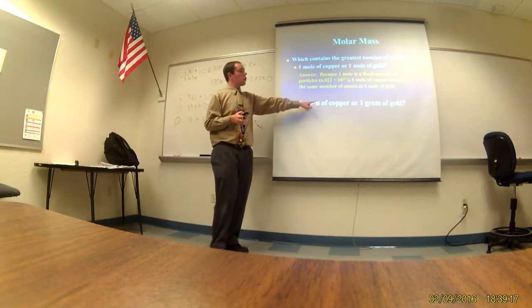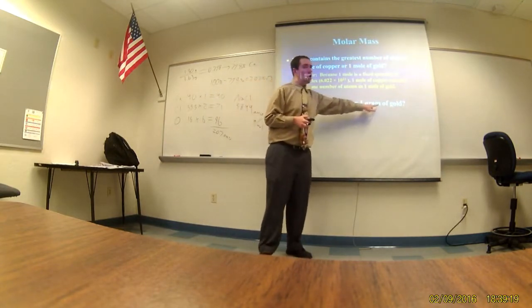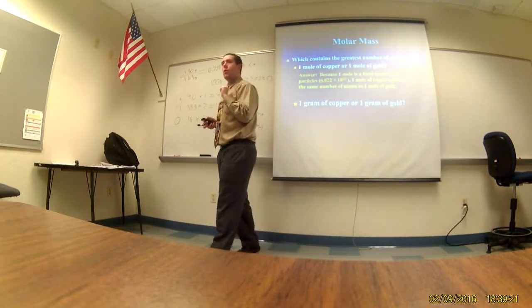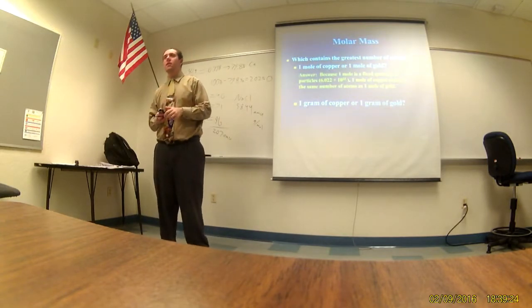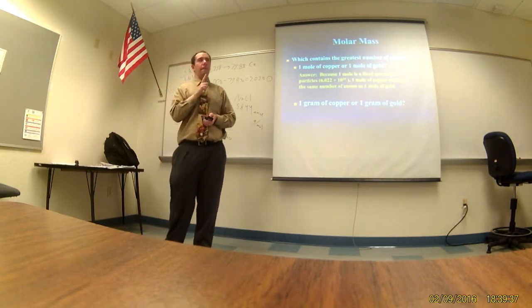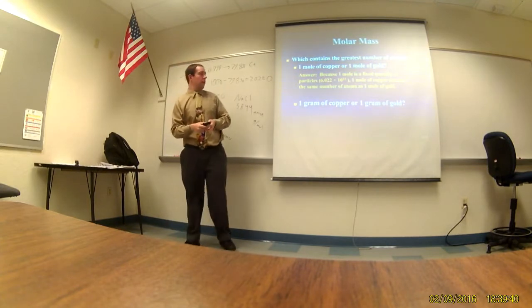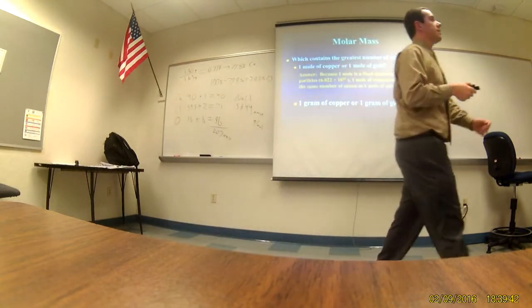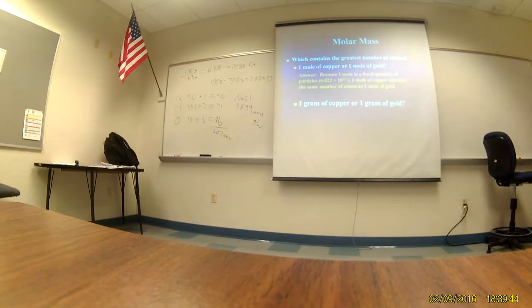If I have 1 gram of copper and 1 gram of gold, which one has the largest number of atoms? 1 mole of copper weighs 63 and a half. 1 mole of gold weighs 197.